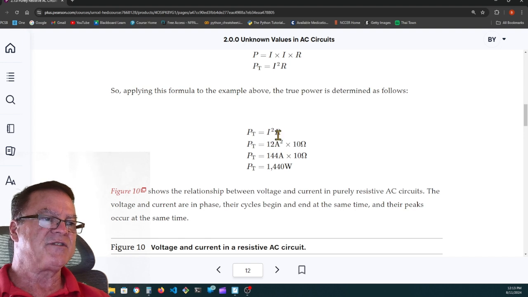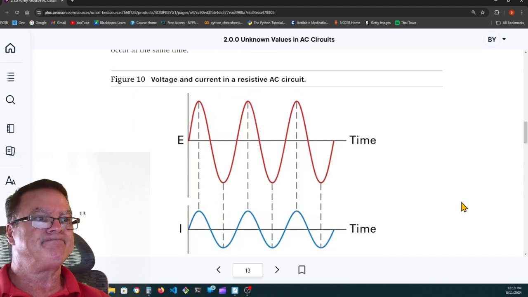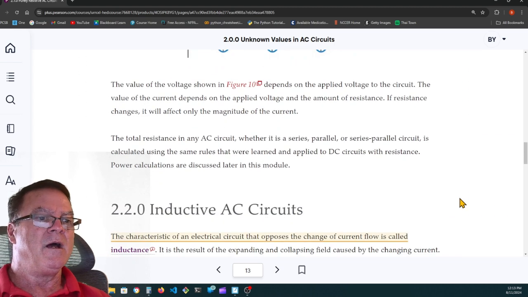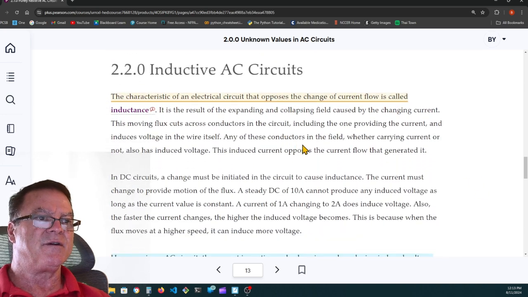True power is I squared times R. And again, that I is going to be root mean squared. 12 amps squared, 144 times 10 ohms, 1,440 watts of true power. Inductive AC circuits.